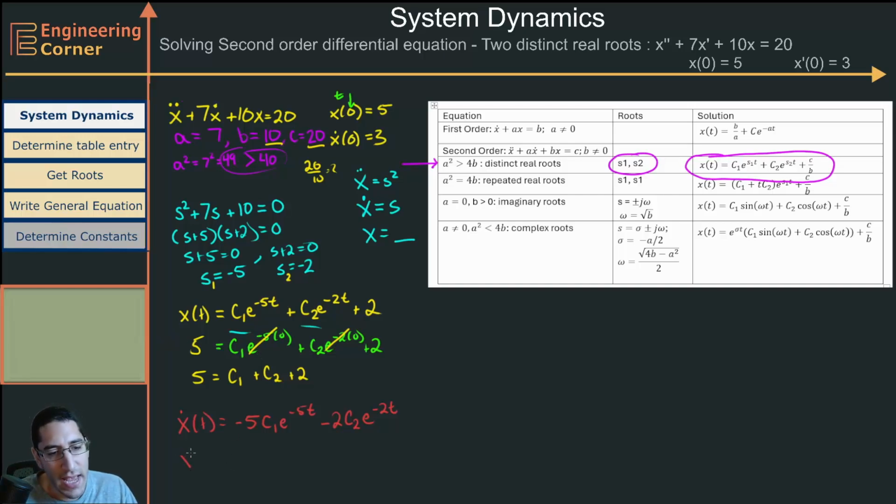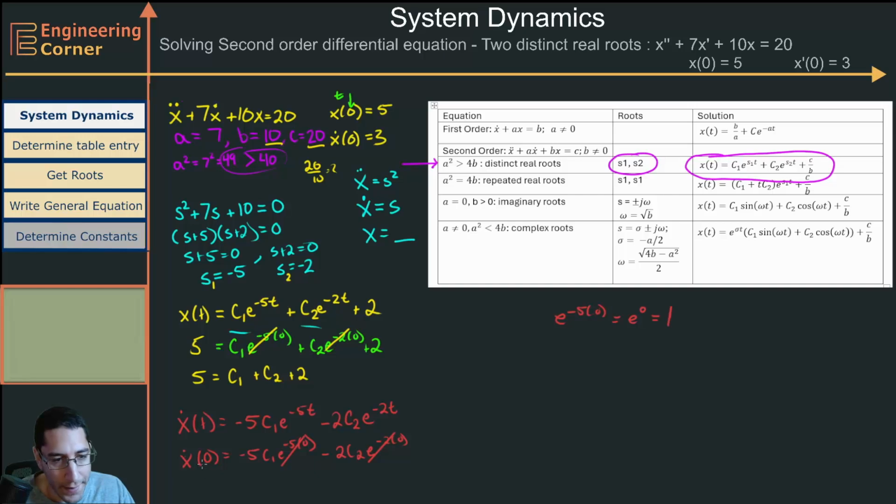We can do the same thing that we did in this term right here. So we can say x dot of 0 is equal to minus 5 times C1 e to the minus 5 times 0, minus 2 times C2 e to the minus 2 times 0. Again, our e's are going to go away because e to the minus 5 times 0 is really e to the 0, which is 1.